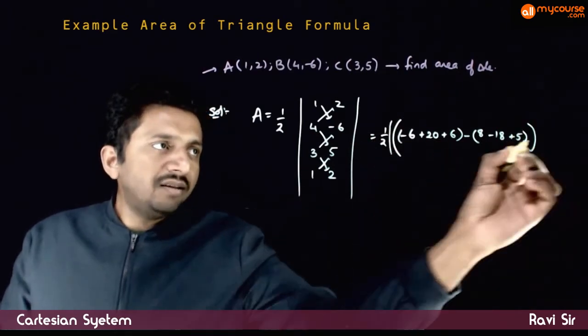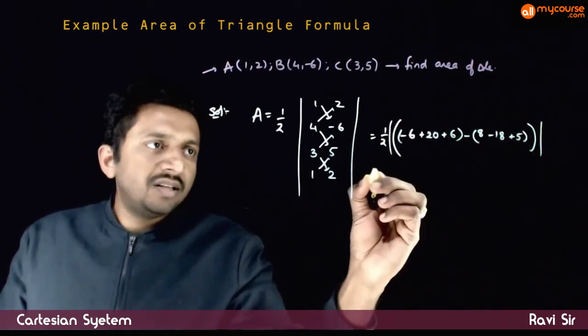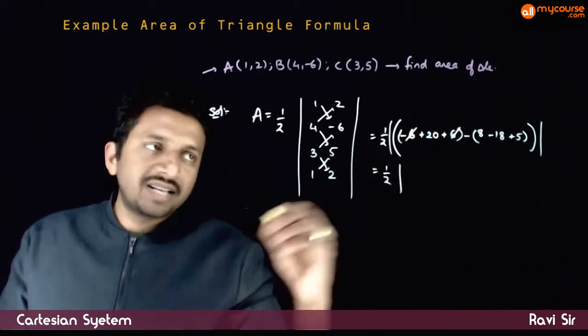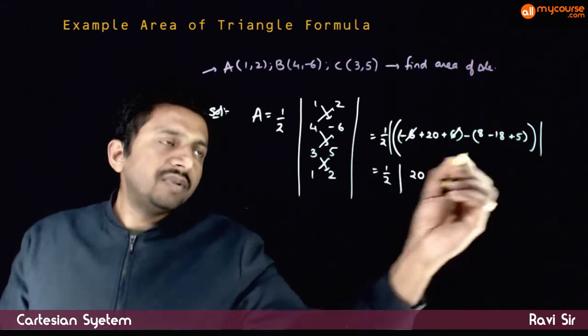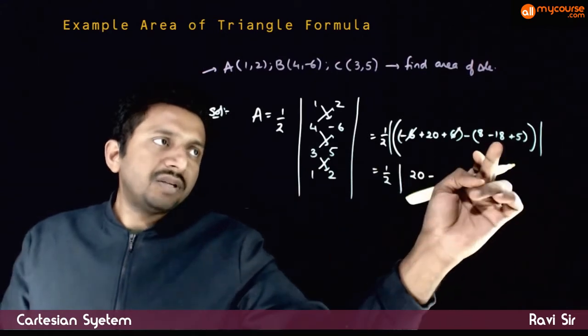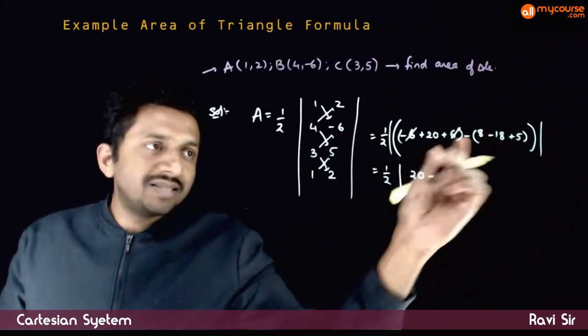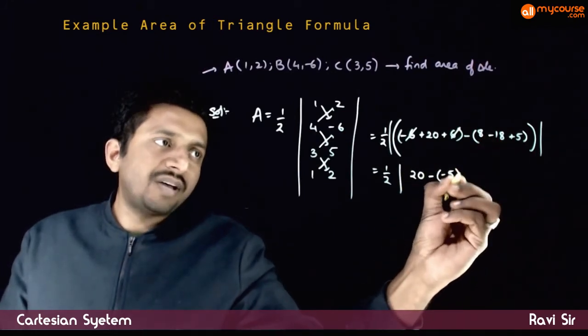So you have to take the mod of this. That is equal to half times mod of plus 6, minus 6 gets cancelled. So 20 minus of 5 plus 8 is 13, minus 18 is minus 5.